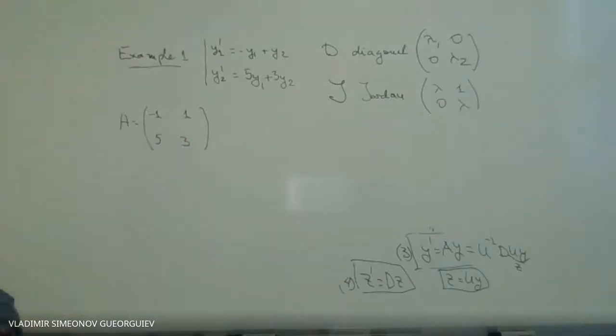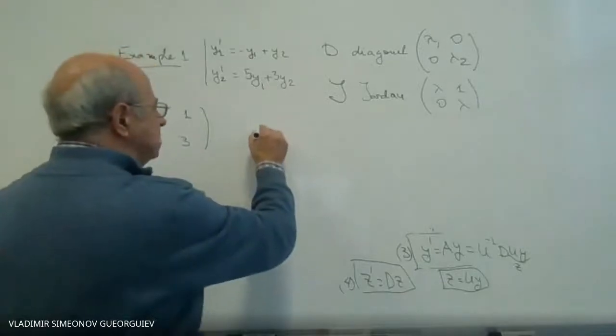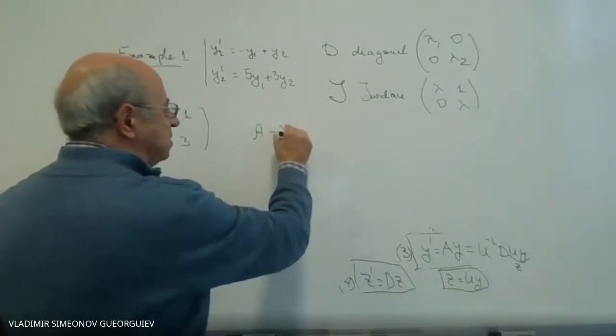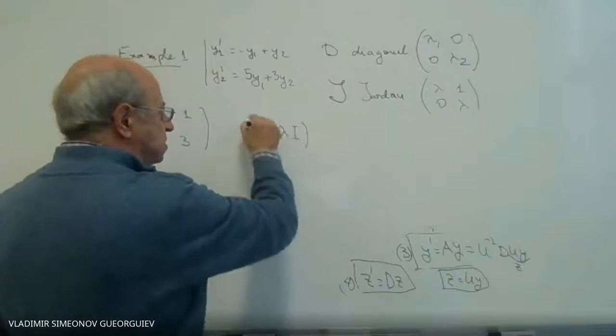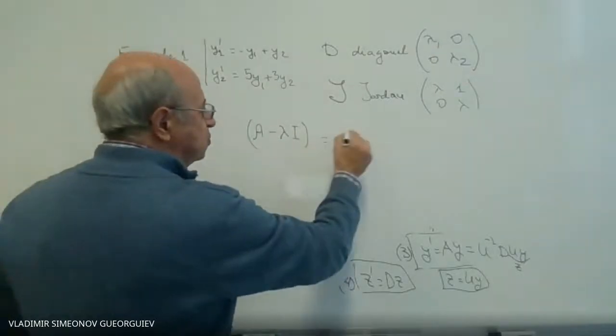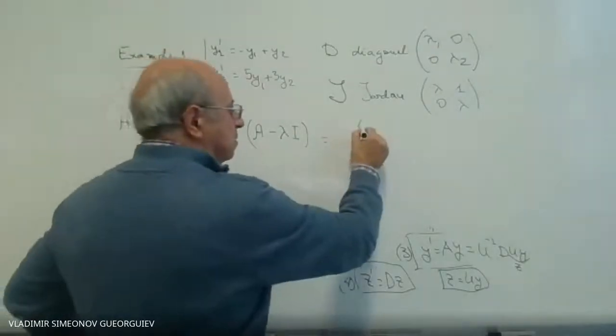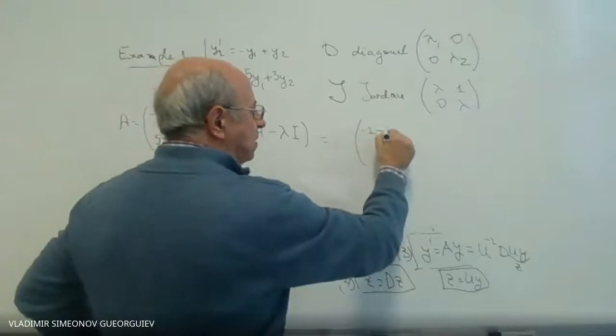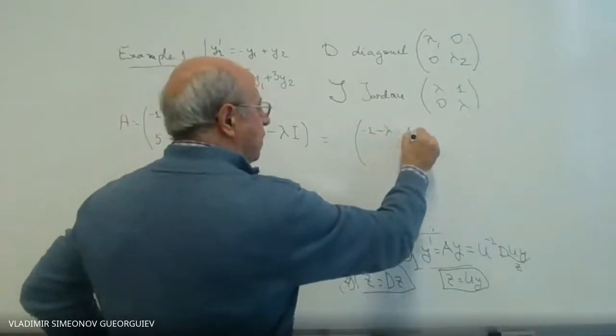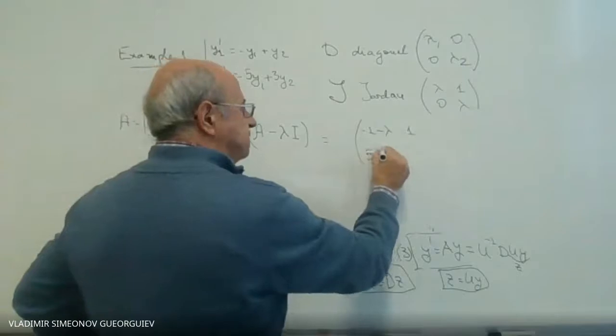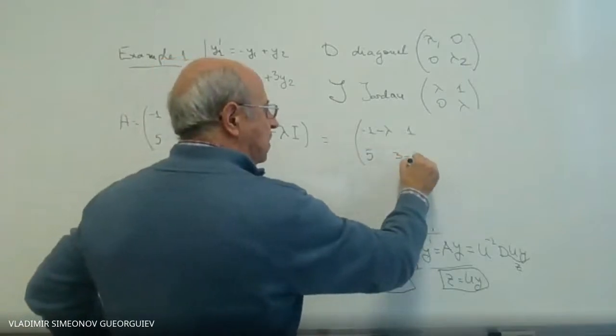Our matrix. Remember, we built how we find eigenvalues. We have to find the characteristic equation. Therefore, we take A minus lambda times identity matrix, compute this: minus 1 minus lambda, then we have 1, 5, 3 minus lambda.